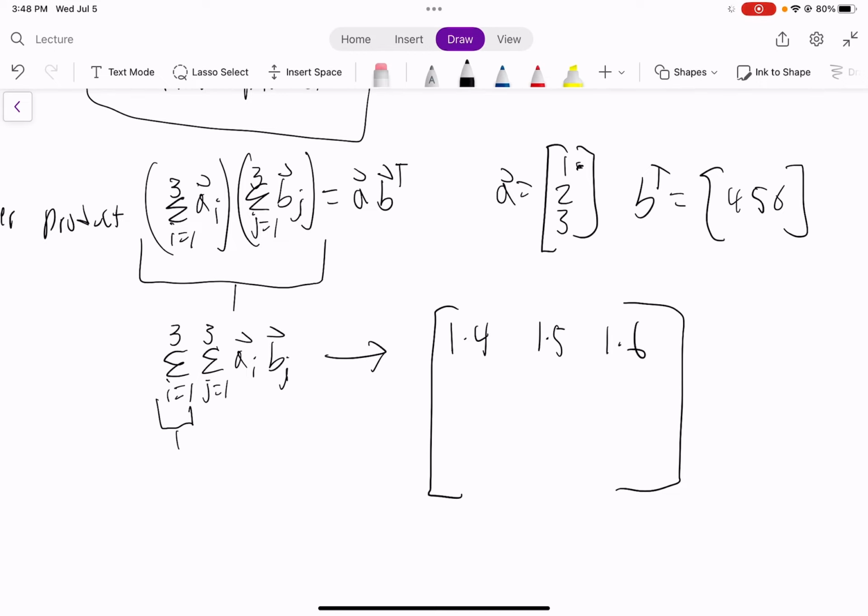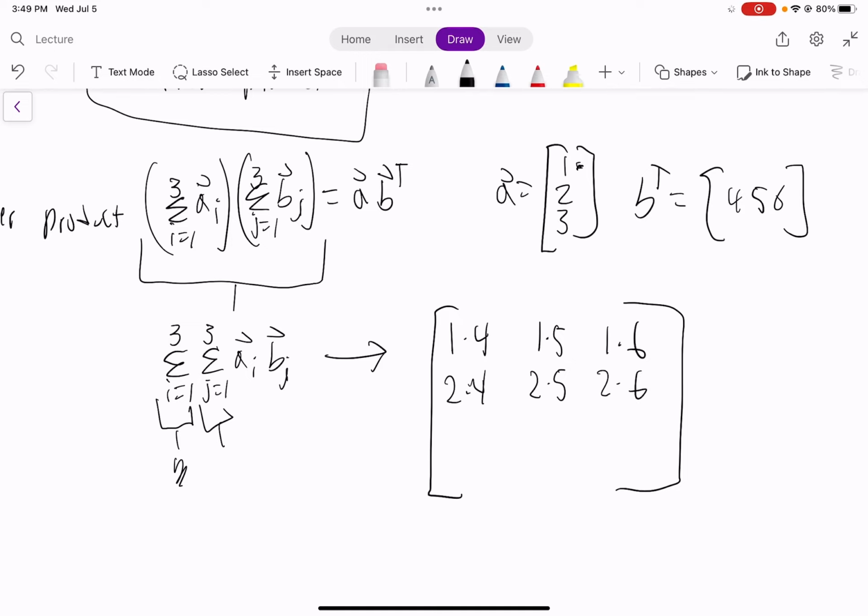Now we're done iterating through the J, and we got to reset the summation. Resetting this summation creates a new row in this matrix. Okay? It creates a new row. Okay, so we iterate I again. So we got 2 times 4, 2 times 5, 2 times 6.